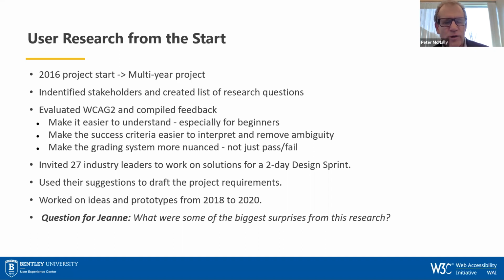So we'll see as we look at how that's going in 3.0, they're moving away from that. And then they invited 27 leaders across the industry to work on solutions for a 2-day design sprint. From that, they used those suggestions to draft the requirements. And then from 2018 to 2020, they've worked on ideas and prototypes.